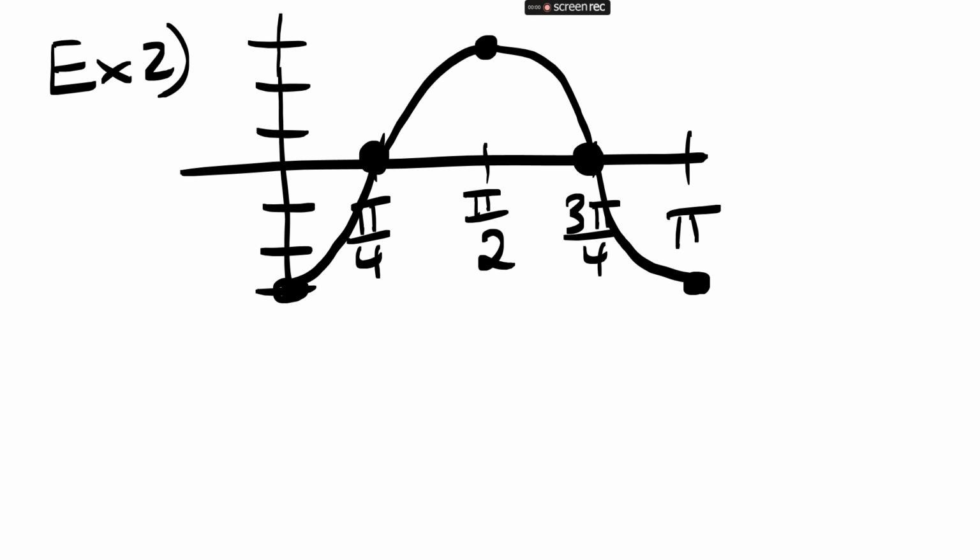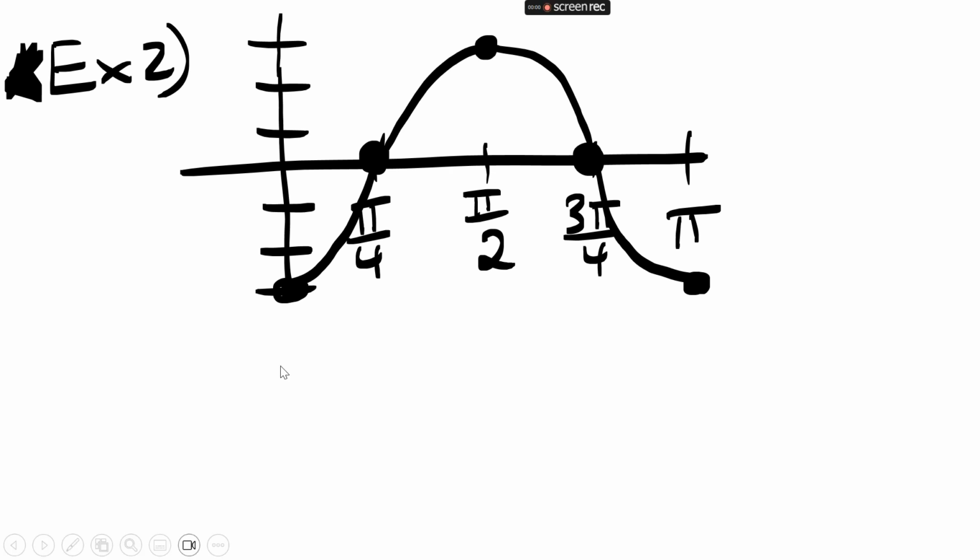So the question is, what happens if I want to make this into a sine equation? I kind of have 2 options. So let's go with this one here. If you want to rewrite this, I put a little star next to the EX, just to remind me I'm doing the exact same problem a different way.